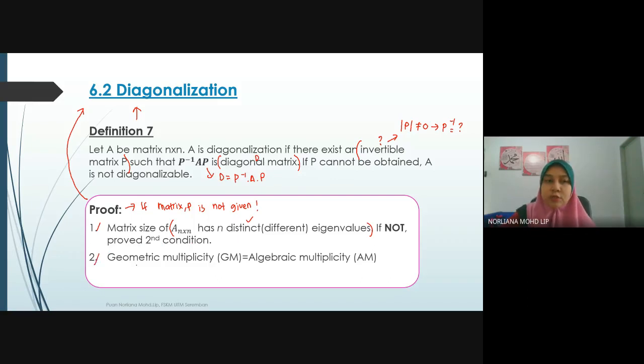The second condition is that the geometric multiplicity is equal to the algebraic multiplicity for all eigenvalues and eigenvectors. If the second condition is satisfied, then matrix A is diagonalizable. If not, it is not diagonalizable.